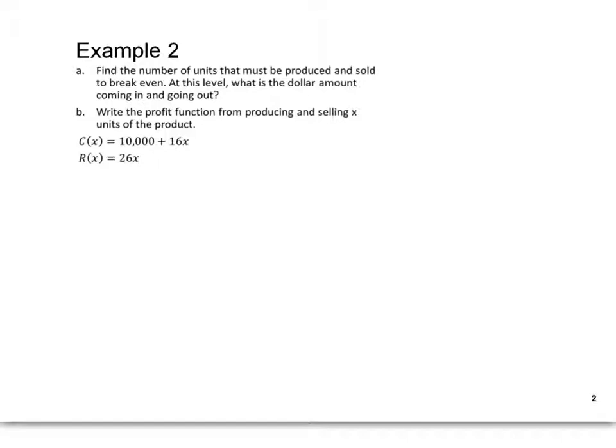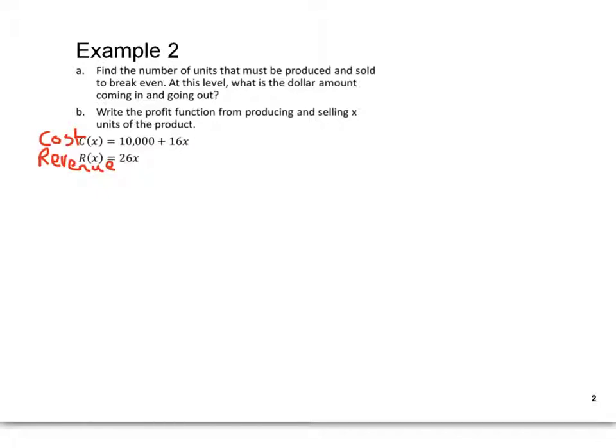Example 2, we've got a cost function and a revenue function down here. C is for cost, R is for revenue. And so it asks us on part A, find the number of units, which x is units, that must be produced and sold to break even.